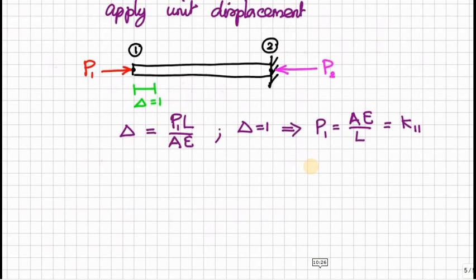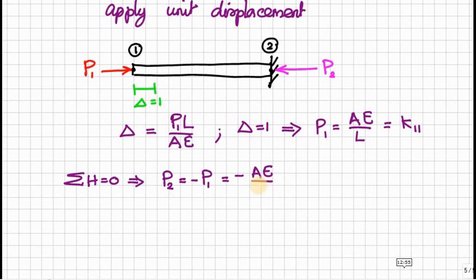And applying sigma H is equal to 0, the equilibrium equation, we get P2 is equal to minus P1. That's just the opposite. Therefore, minus AE by L, which is nothing but K21.